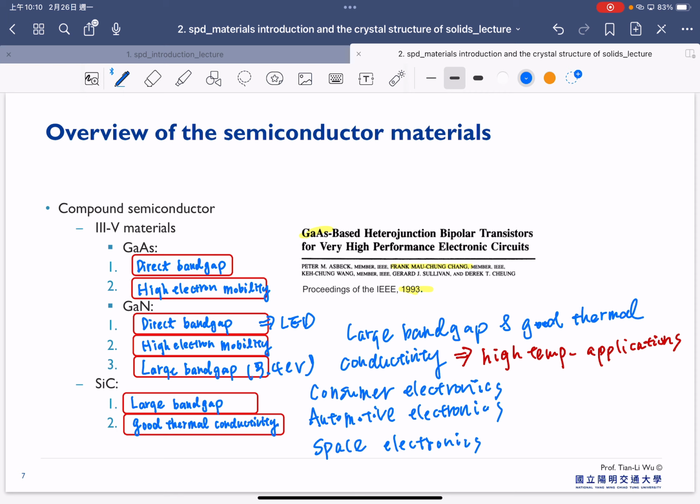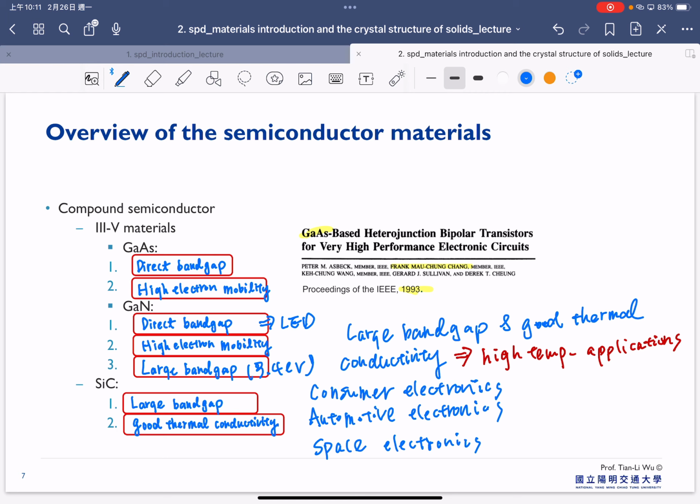An additional extreme case is space electronics, because when you launch a satellite into space for exploration, the space environment is completely different from the environment on Earth. Therefore, it requires semiconductor devices that can survive in such harsh environments.